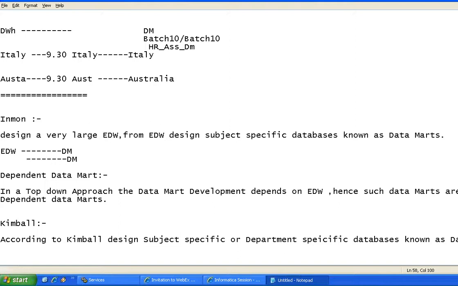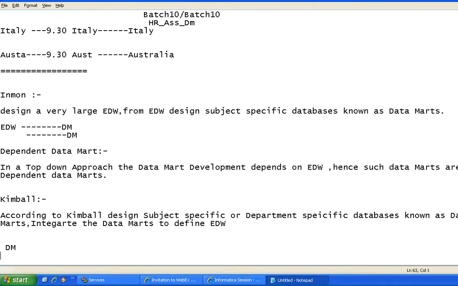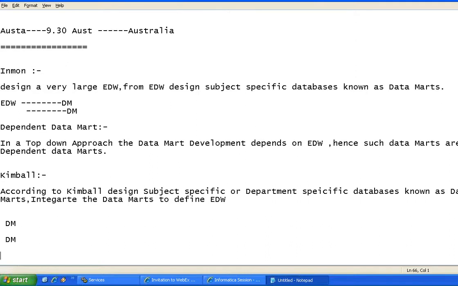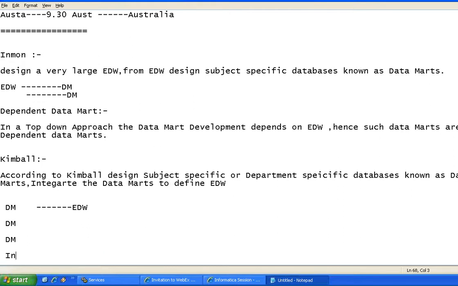After this, we integrate the data marts to define the enterprise data warehouse. So this is what he is asking us to do: design small data marts, and from these small data marts, integrate all of them into an enterprise data warehouse. So this is called an independent data mart.